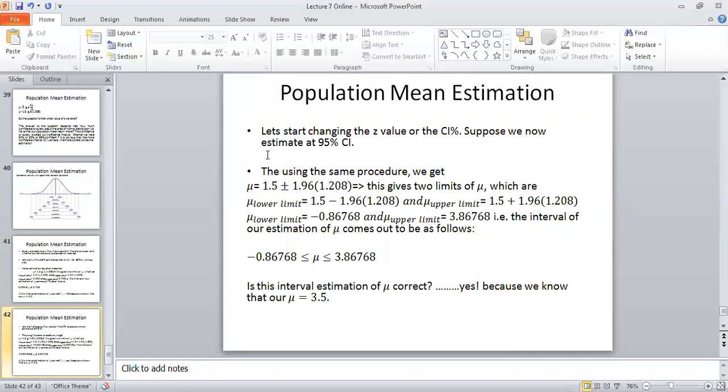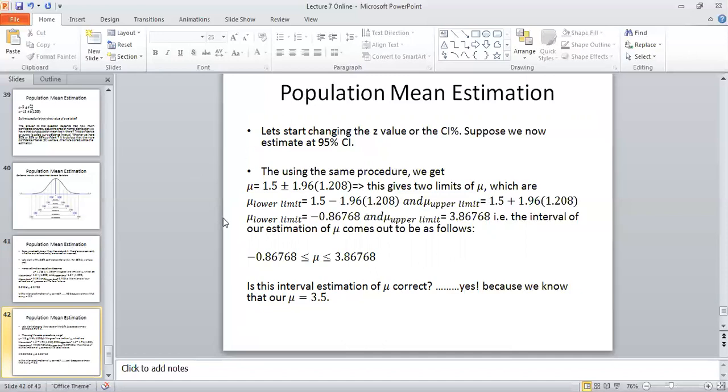And when you substitute 1.96 and minus 1.96 into this equation, we get an interval of mu with a lower limit of minus 0.86768 and an upper limit of 3.86768.